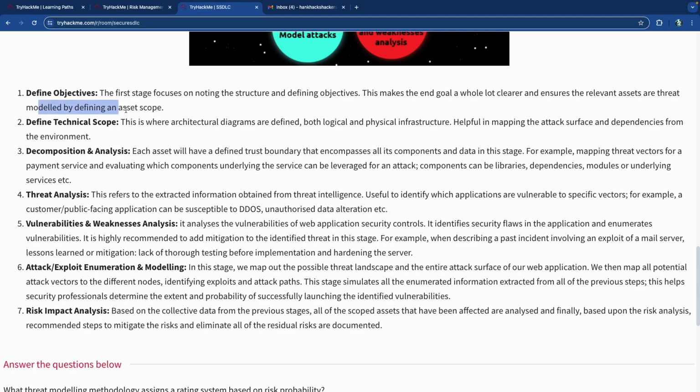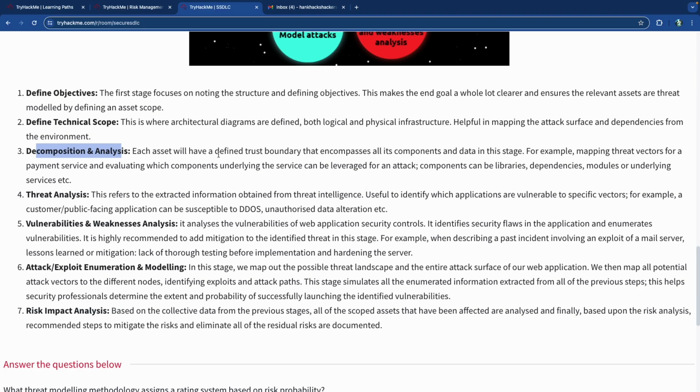So whatever you need to actually attack, you model your threat around that. And then the defining of the technical scope is where you look at the logical and physical infrastructure to see what can be done. So mapping the attack surface and any dependencies from the environment, and then decomposing and analysis.